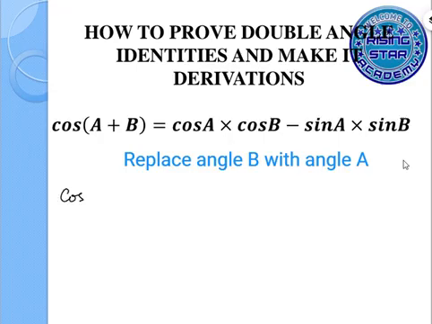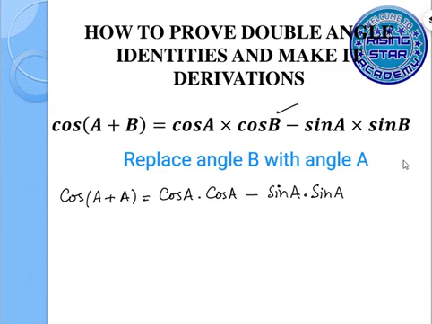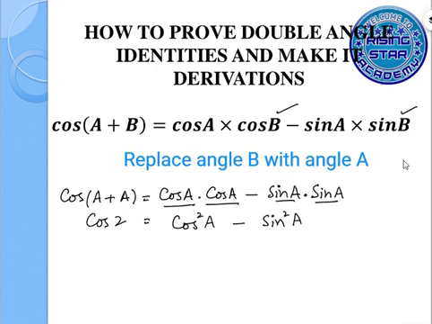So now we have cos of A plus A, that would be cos A into cos A minus sine A into sine A. So every B is going to be replaced with A. Now when cos A is multiplied with cos A, that would become cos square A minus sine A multiplied with sine A, that would become sine square A. And here we have cos of 2A.